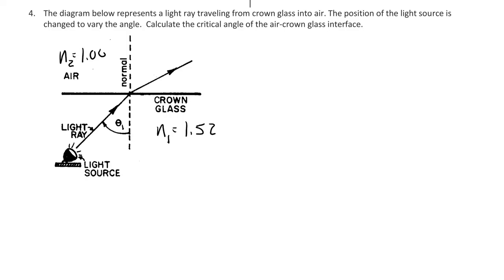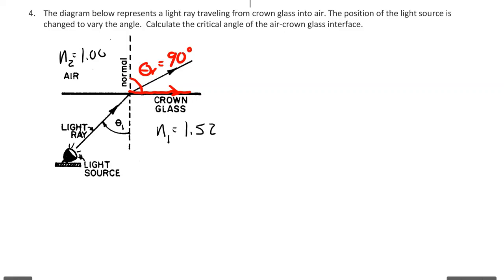So this is a little bit confusing because they want the critical angle, and the critical angle doesn't look like this. You're not going to have it going through the medium like that. You want the angle of incidence that creates the angle of refraction, this theta r, to be 90 degrees.